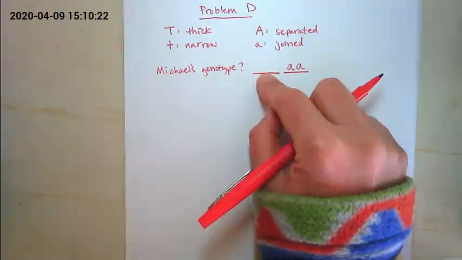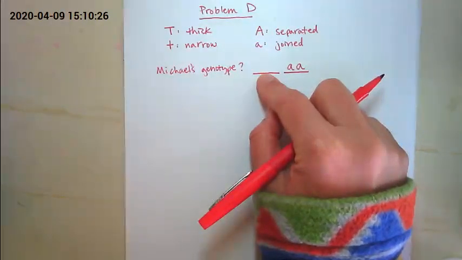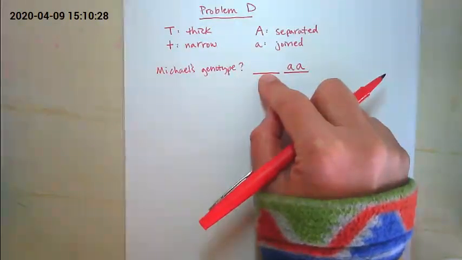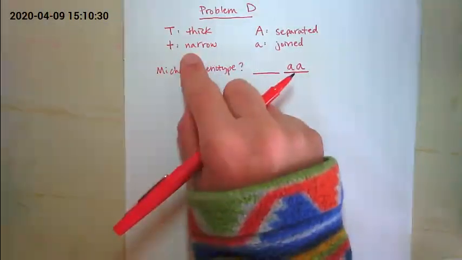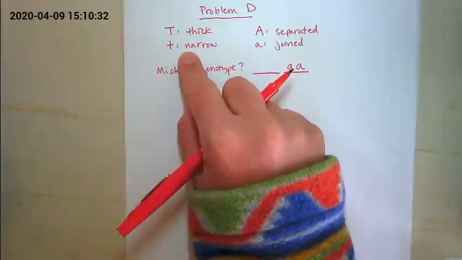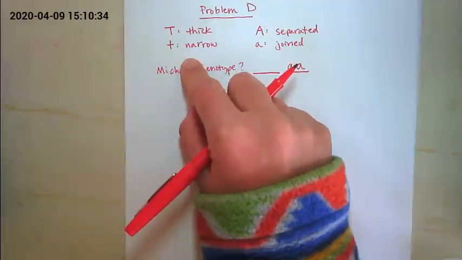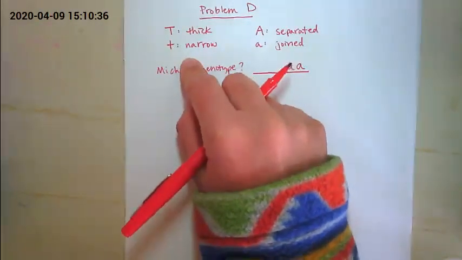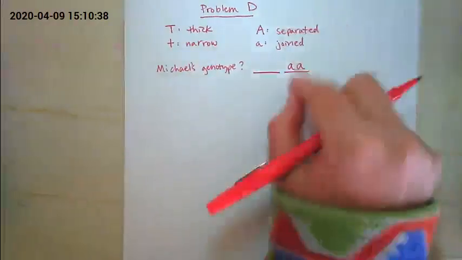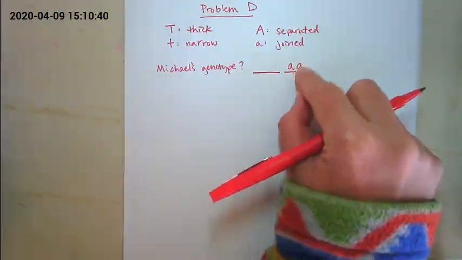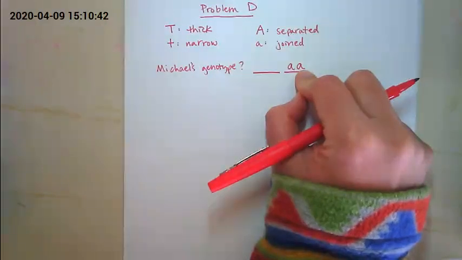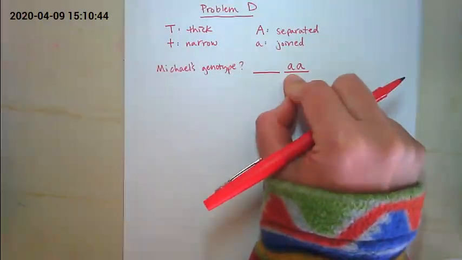The problem tells us that he was surprised he has such thick eyebrows because his mom has narrow eyebrows. So remember the classic homologous chromosomes genetics. We get one of the letters for each genotype from mom and one from dad.